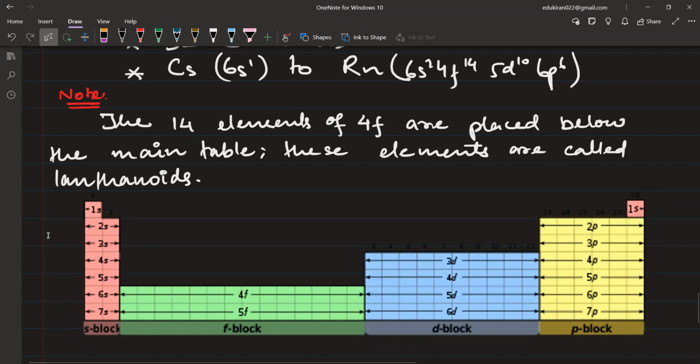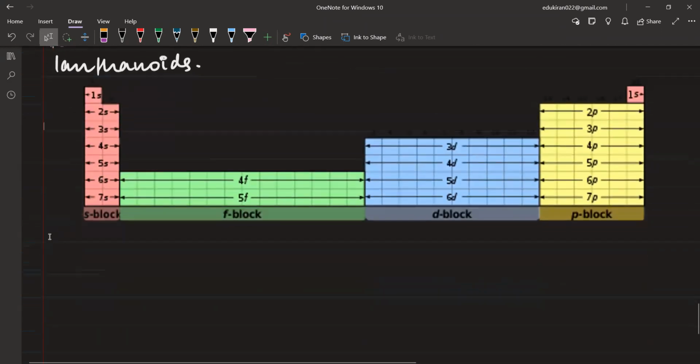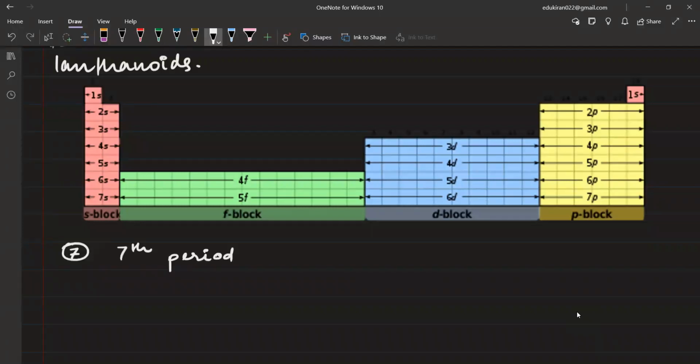Okay, then we will write the seventh one also, up to Oganesson. Seventh period, n is equal to 7. It's the 7th shell.